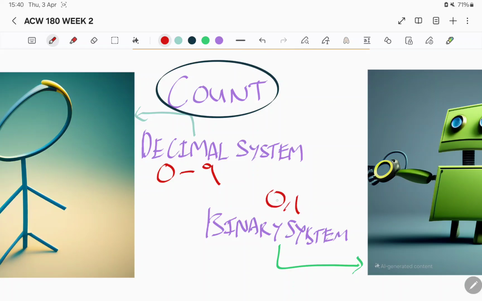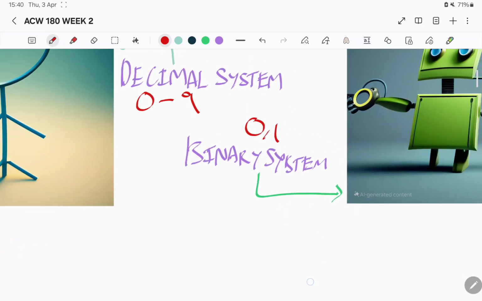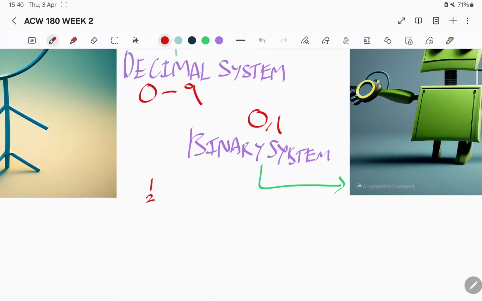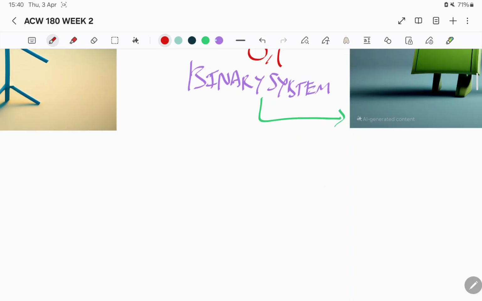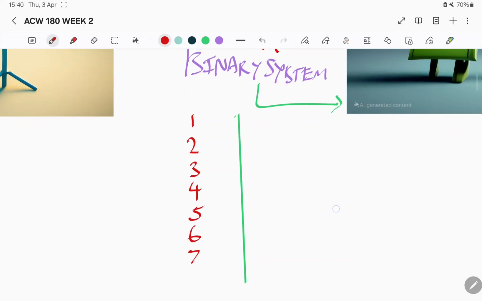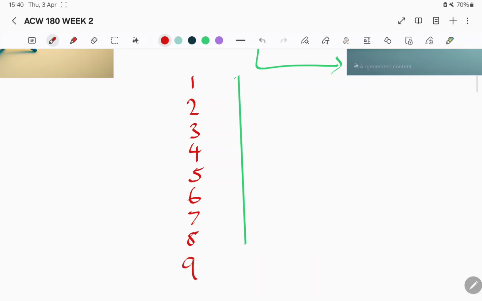So for example, we count 1, 2, 3, 4, 5, 6, 7, 8, and 9.